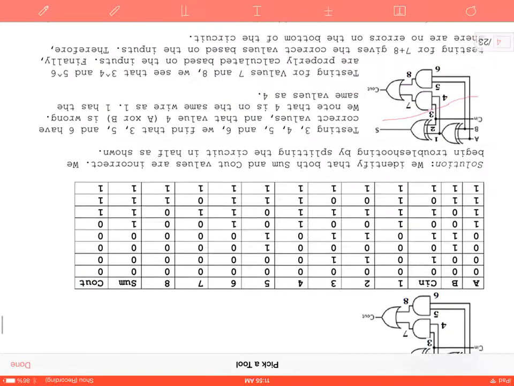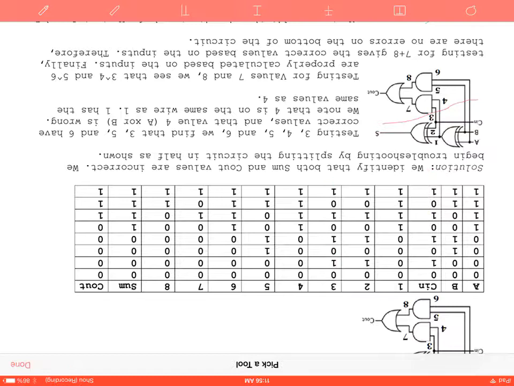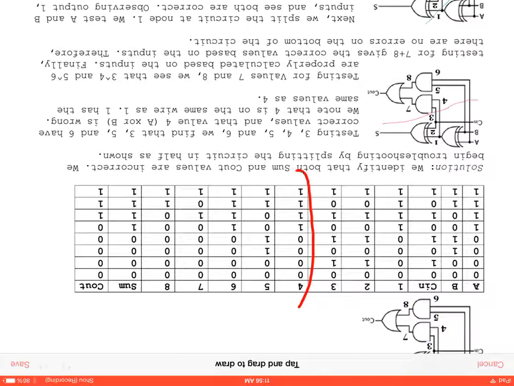So here's the thing. First thing we're going to do is split our circuit in half, and see what's going on with value 3. Value 3 is Cn, right? They match. So the C input is not our problem. Circuit 4 here is supposed to be A XOR B, right? Well, if we look at it, it's actually equal to A. So we know that something's wrong here. And then we check 5 and 6.